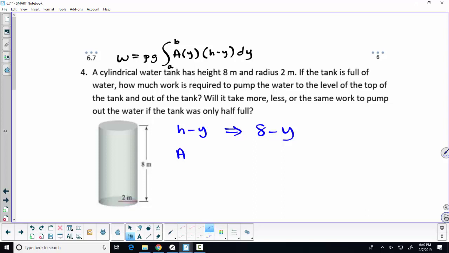So our cross sections are what? They're all circles. The area of each circle is pi r squared. I guess most of the time we've been dealing with situations where the radius would change based on the function. The radius here doesn't change, it's always 2.